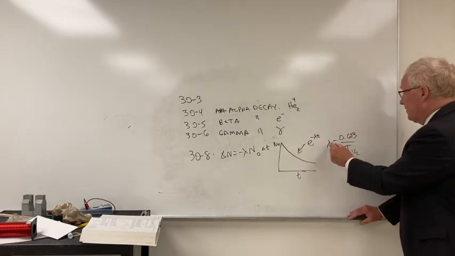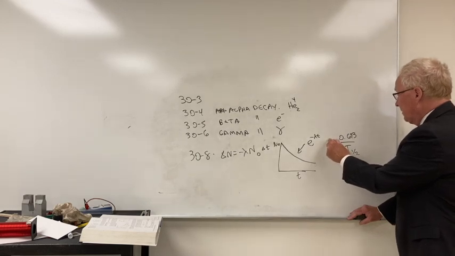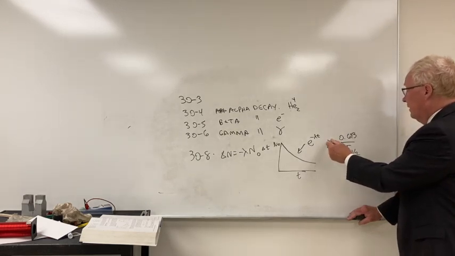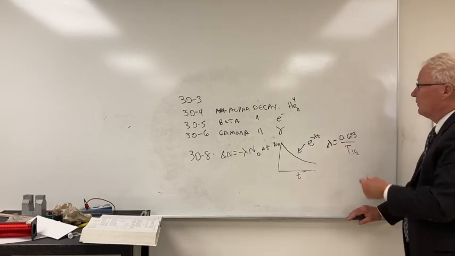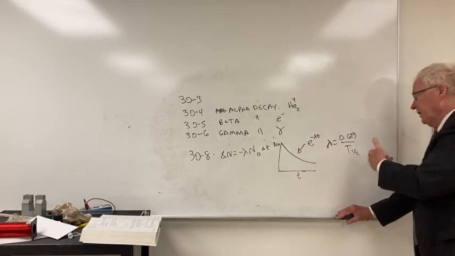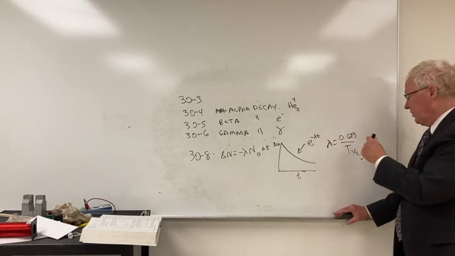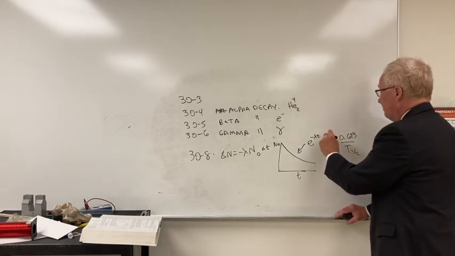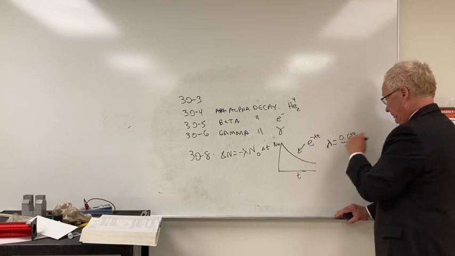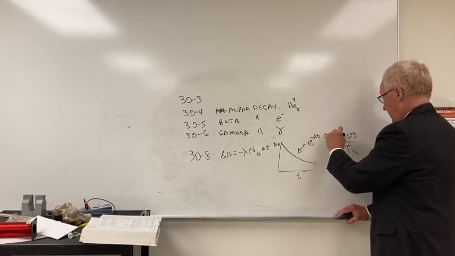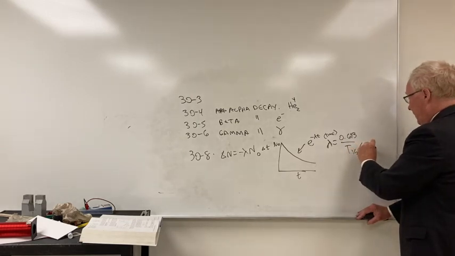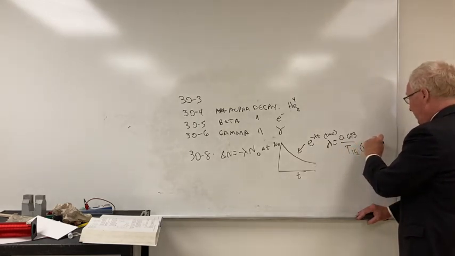Whatever the unit is, this is the decay constant, and it's going to be in the same units. So if it's in seconds, it'll be in seconds. If it's in hours, it'll be in hours, and so on. So this is a unit of time, and this is in unit of time to the minus 1.